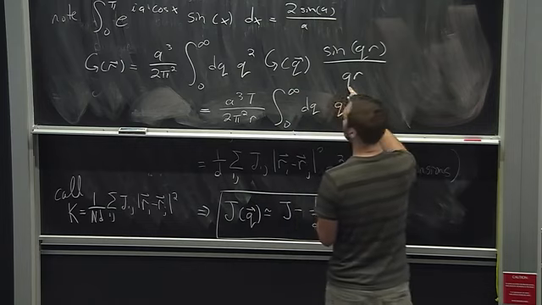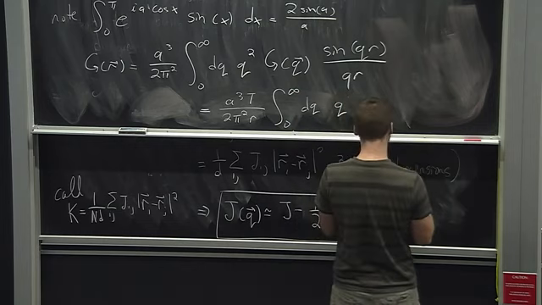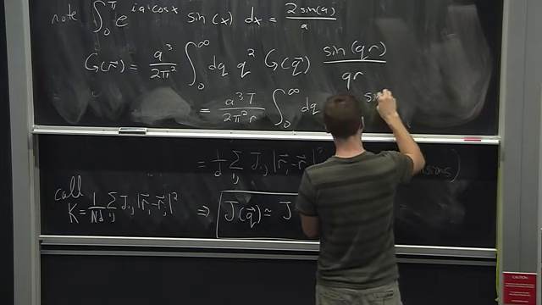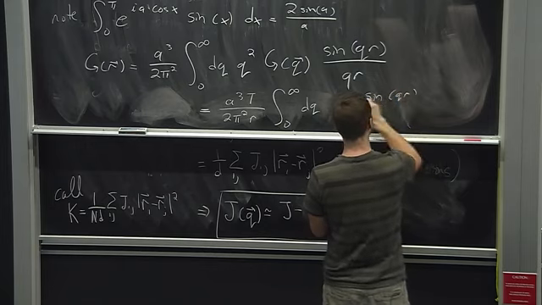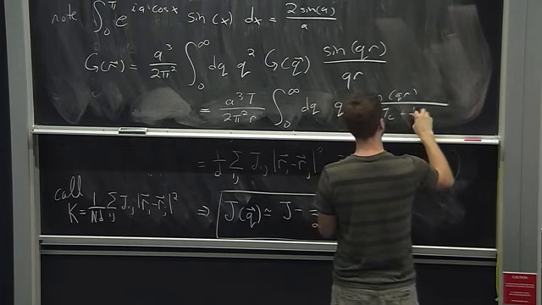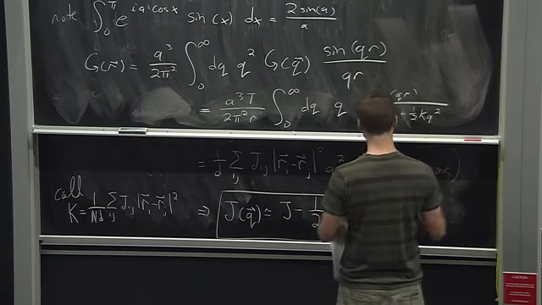Yeah, so I got a q on the bottom and a q squared up top. So I'm just going to leave it like that. So then it's sine qr dq q over t minus tc plus kappa q squared.